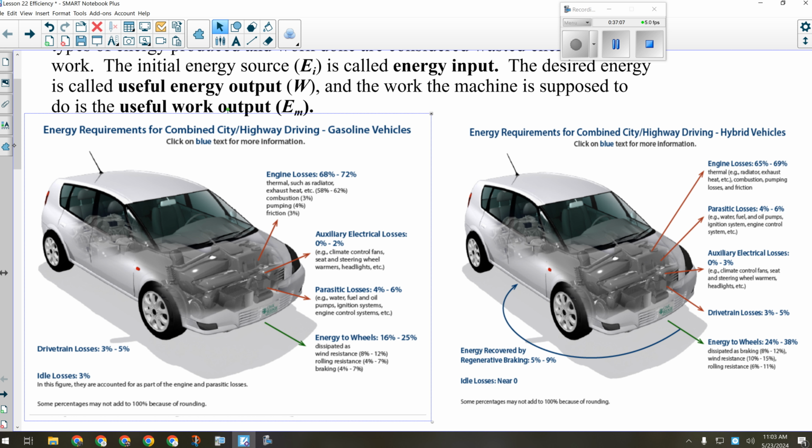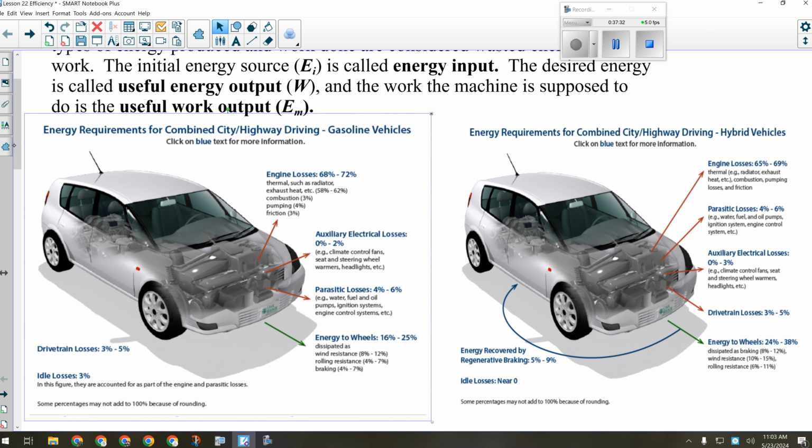All right, what about an electric car? Is that going to be more efficient? Way more efficient. Electric motors are highly efficient because they don't have a lot of parts that rub together. There's very little friction. Plus, they don't use heat to make mechanical energy. They use electricity to make mechanical energy.